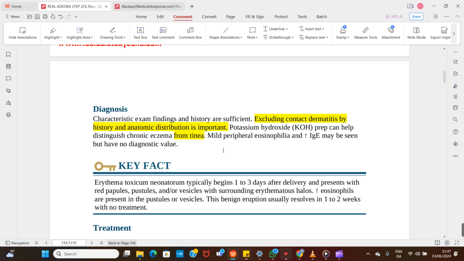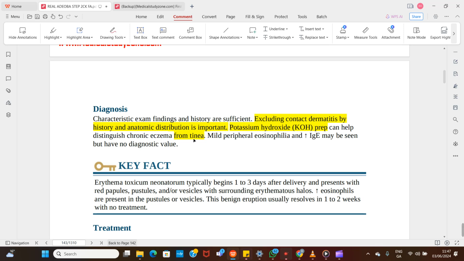Because atopic dermatitis can be dry, can be scaly, can be pruritic, and these are also common findings in tinea infection. So sometimes, if you are not clear and you are not sure, you might need to do a potassium hydroxide prep to differentiate the chronic eczema from tinea infection, right?